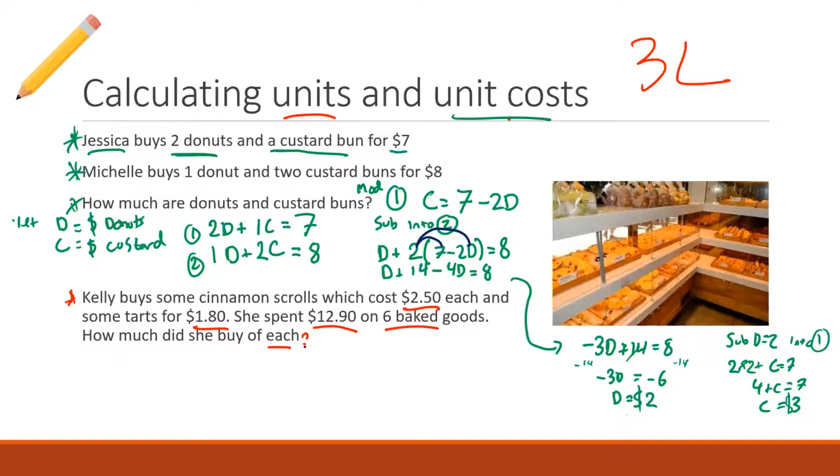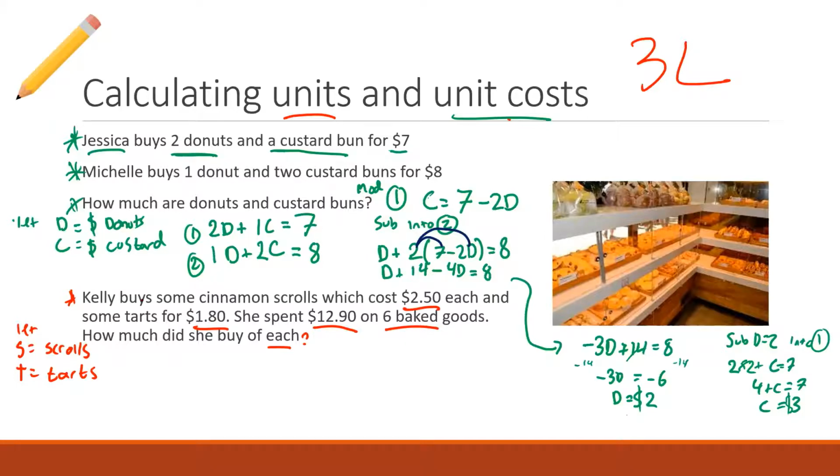So how do we solve this? Well, again, let's go with S equals scrolls, and we'll let T equal tarts. But what's important here is this. We already know the price of a tart.